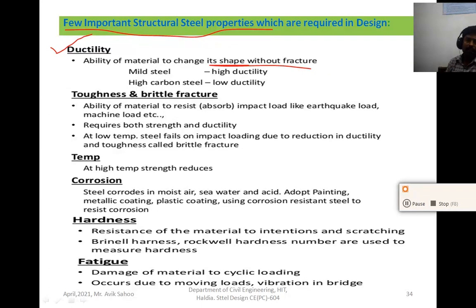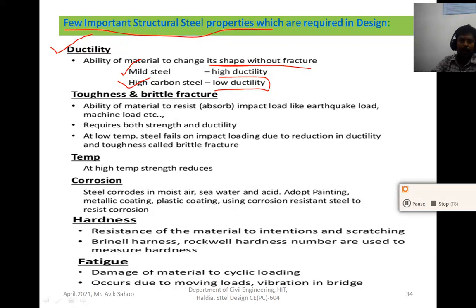Steel has a unique ductility, and this is required when you design the members. Mild steel is highly ductile, whereas high carbon steel has less ductility.